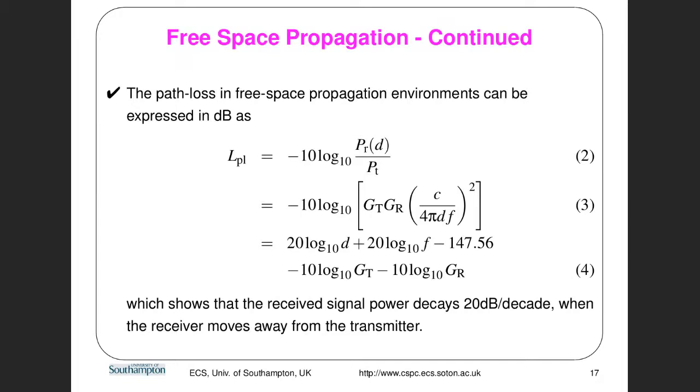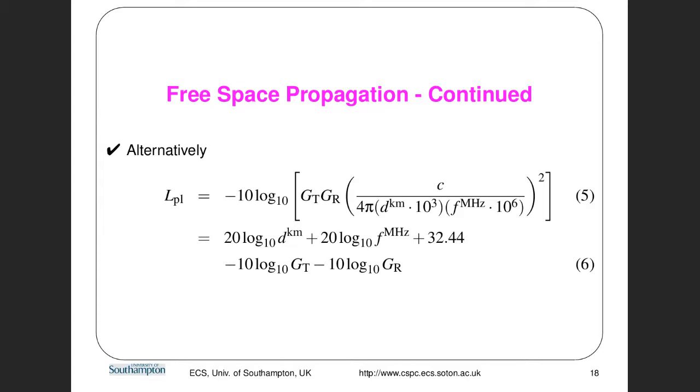That's the motivation of expressing it in dB, and it is also for the convenience of real-world engineering. Equivalently, we have this form in different magnitudes. When you evaluate path loss, sometimes you only want to input distance in kilometers, or frequency in megahertz.